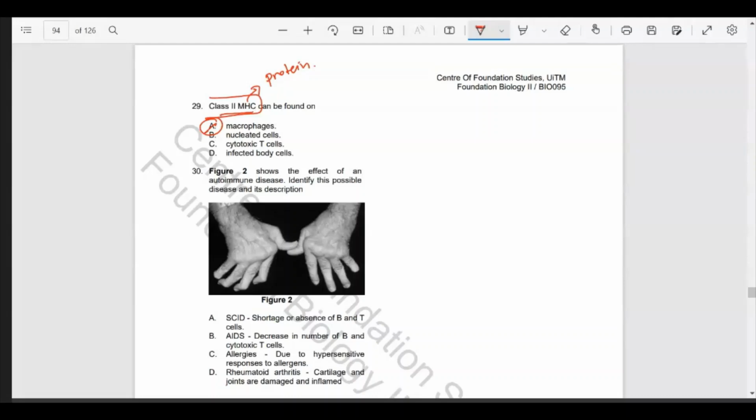MHC has two types: MHC class 1 and also class 2. These are protein molecules produced by the host cell.